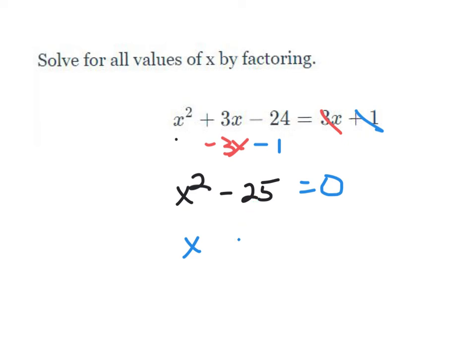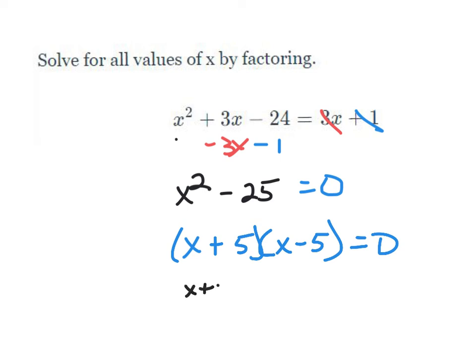So if we know that, then we can add them one time and we subtract them one time. x plus 5, x minus 5, and we set that equal to 0. Well, if we're trying to solve this quadratic equation, then we set each one of these binomials equal to 0. So x plus 5 equals 0, and x minus 5 equals 0.